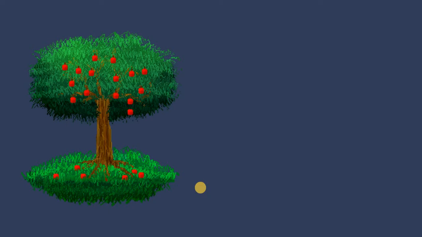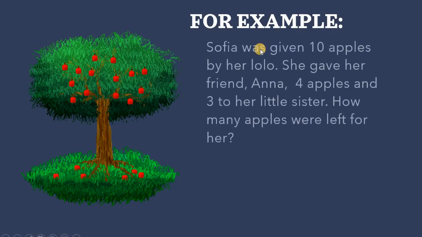Okay, let's have an illustration here. So, for example, Sophia was given 10 apples by her lolo. She gave her friend, Anna, 4 apples and 3 to her little sister. How many apples were left for her? So, ito simple. Word problems lang. Ito madali lang siya.